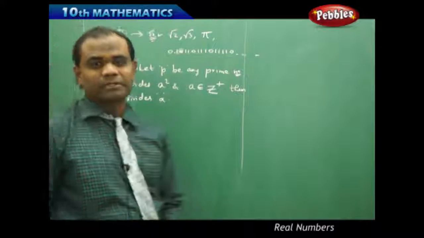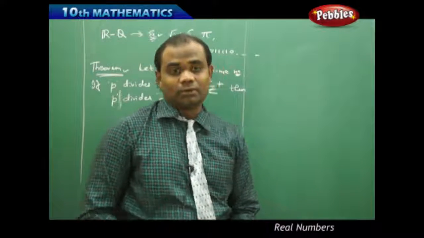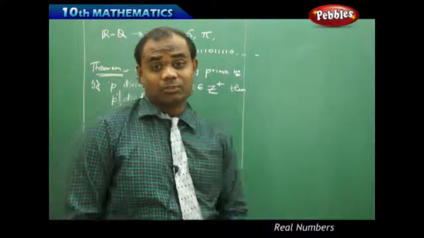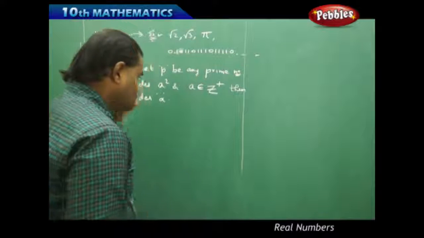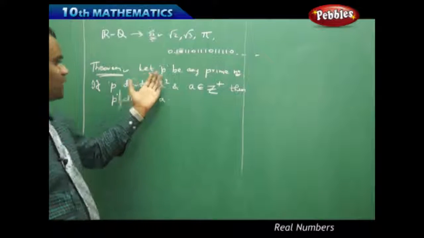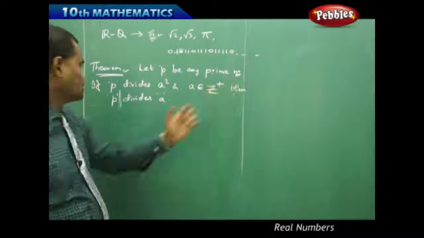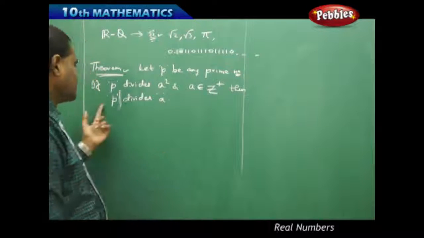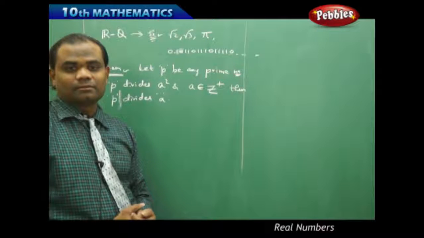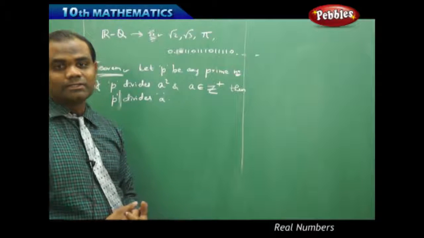This is a very important theorem which is helpful in identifying whether a number is irrational or not. When I read the statement, it says that for any prime number p, if p divides a square, for a being a positive integer, then p must divide a.